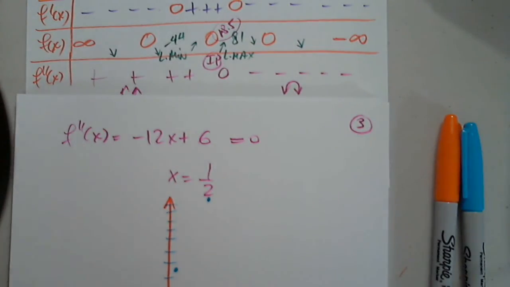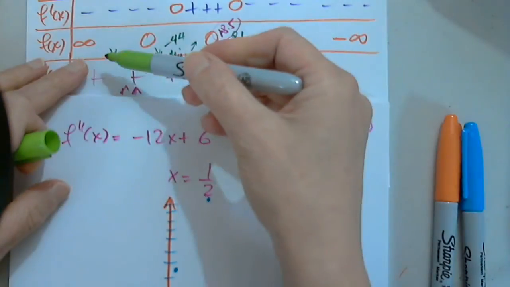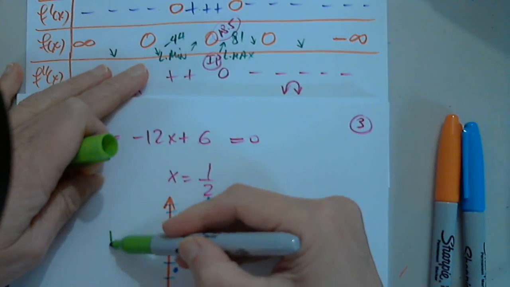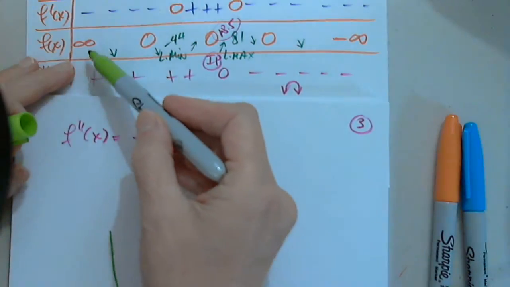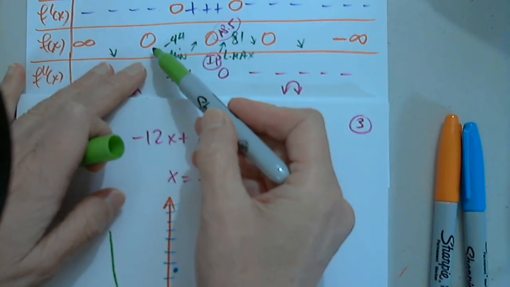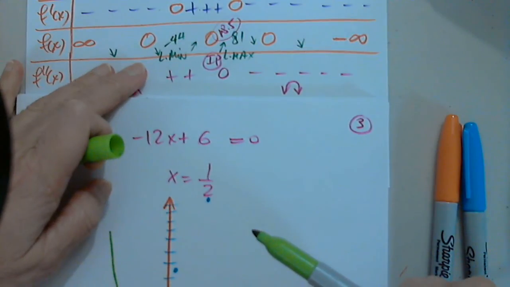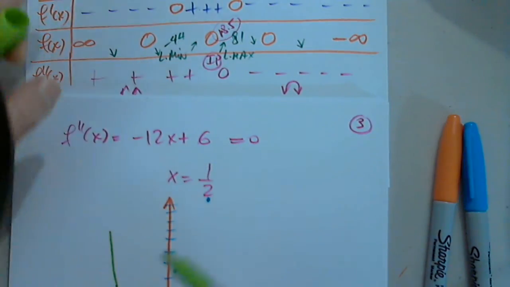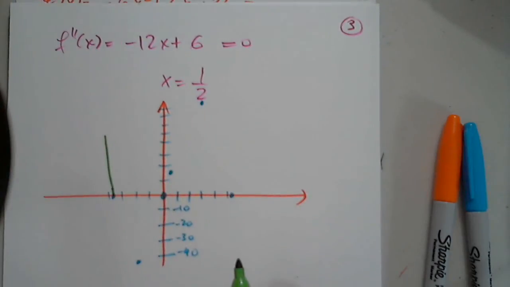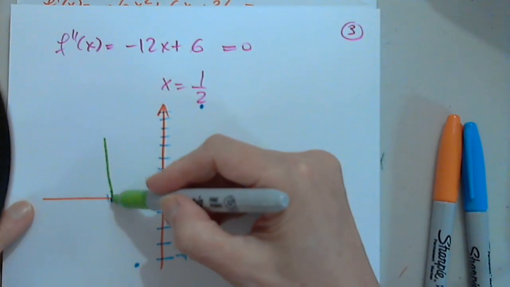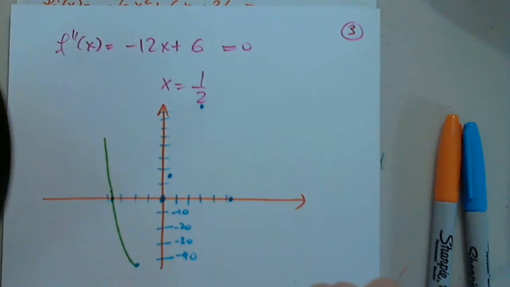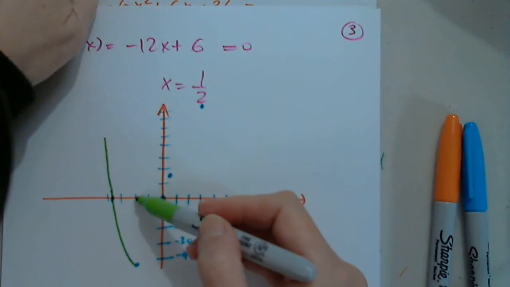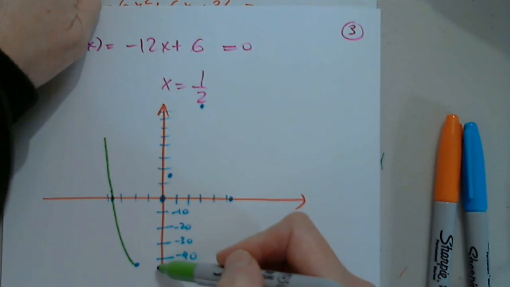Which color? Maybe green. Okay, so from positive infinity, crossing the x-axis. From positive infinity down, opening up, crossing the x-axis, decreasing. Coming to the local minimum. That is at negative 2, negative 44.